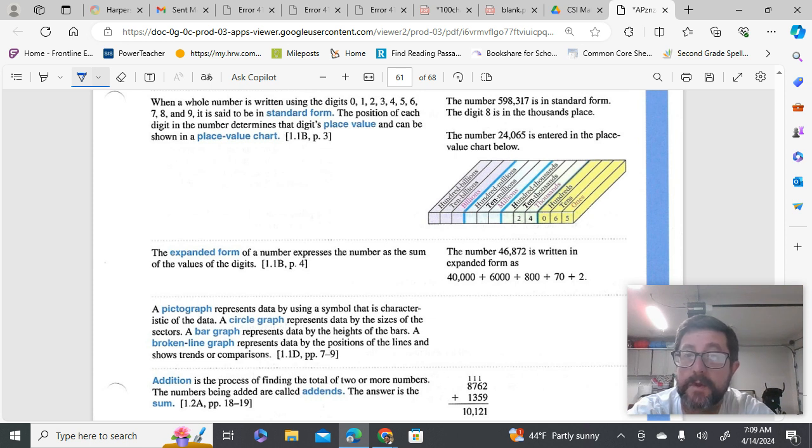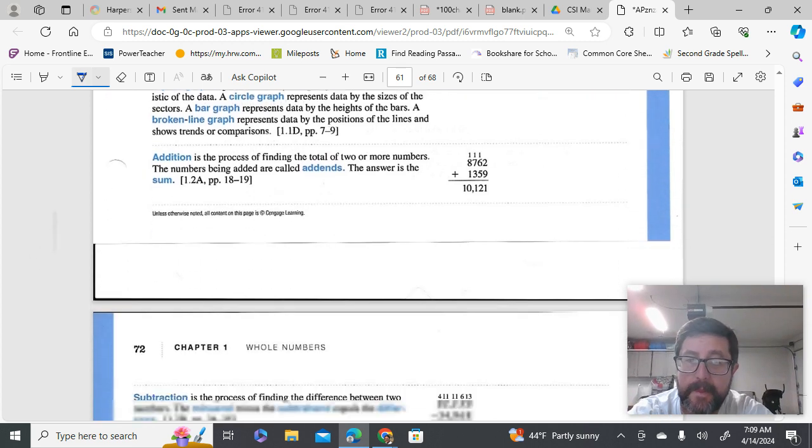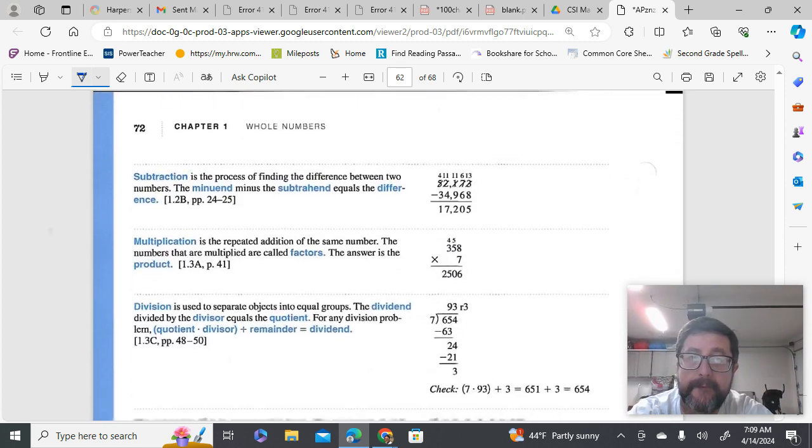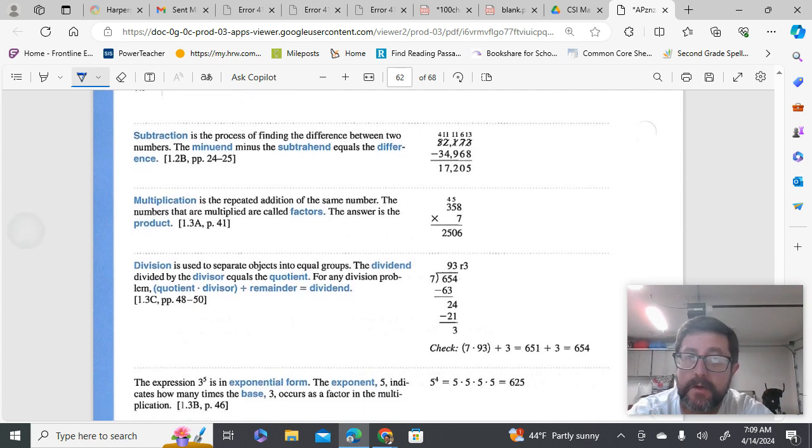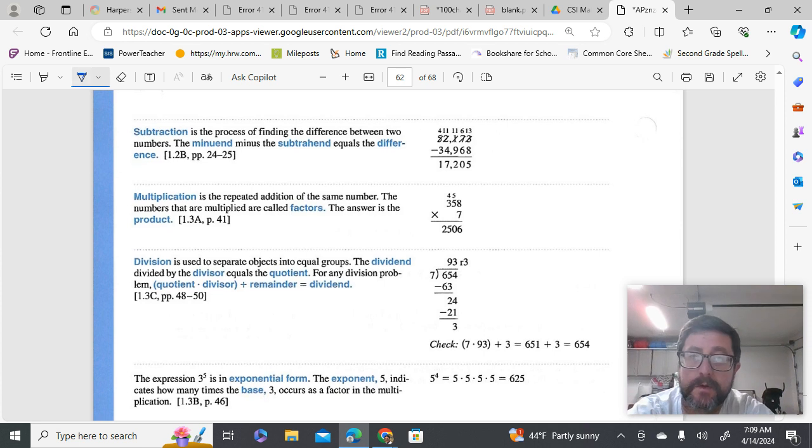This is important stuff. You're dealing with place value again. You're dealing with hundreds. If you need help reading this, hey, contact me. I can help you. Okay, now we're dealing with whole numbers.